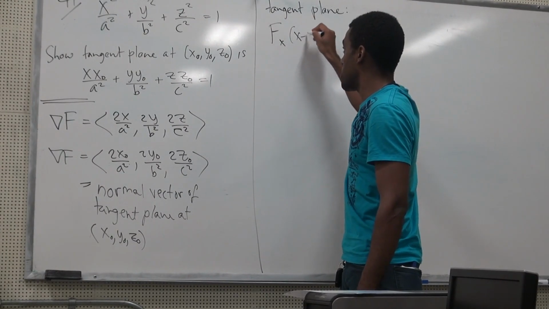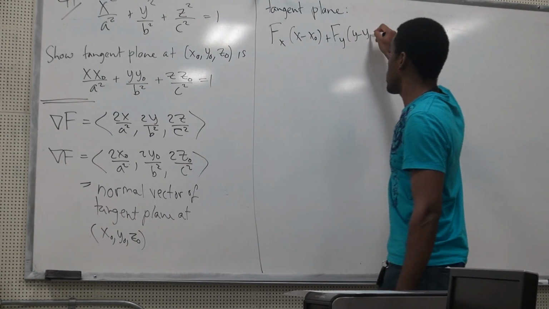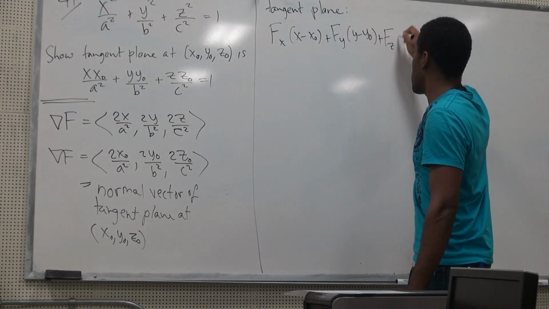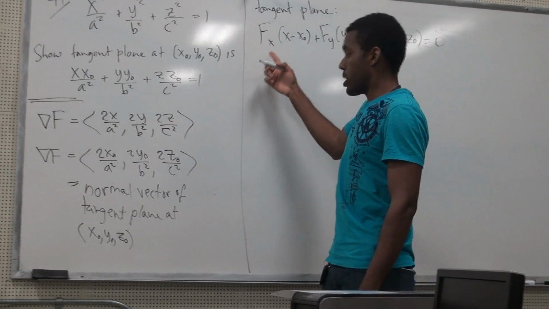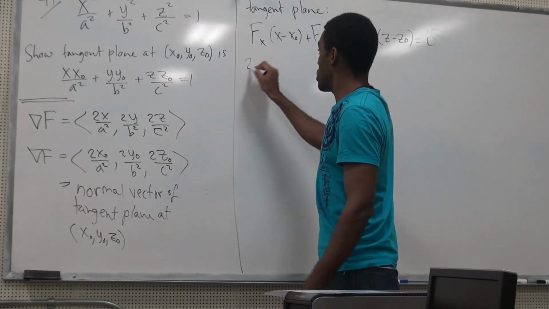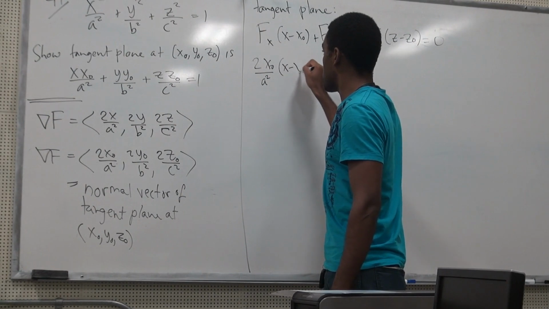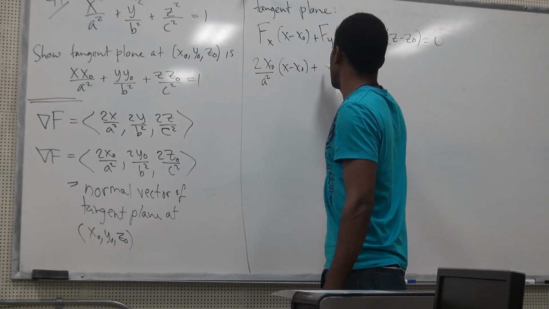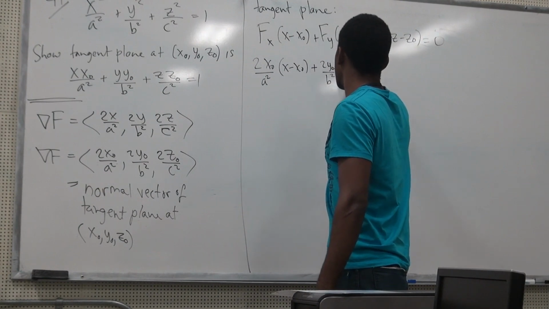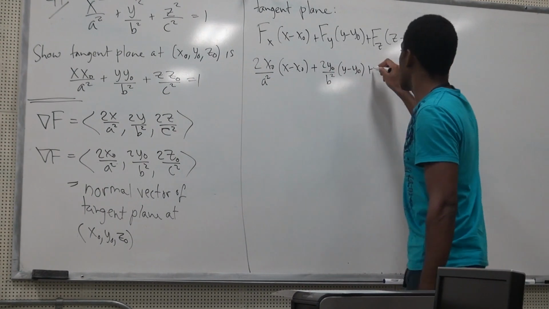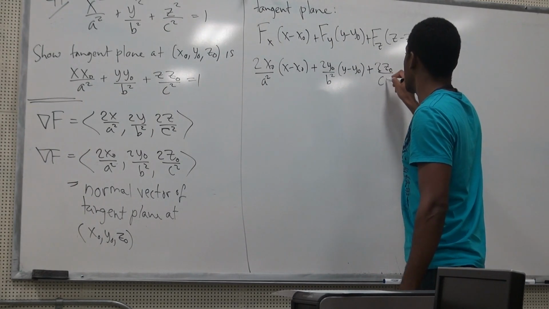It's the partial of f with respect to x times x minus x naught plus partial of f with respect to y times y minus y naught plus partial of f with respect to z times z minus z naught equals 0. f sub x is basically 2x naught over a squared times x minus x naught plus the y term plus 2z naught over c squared.